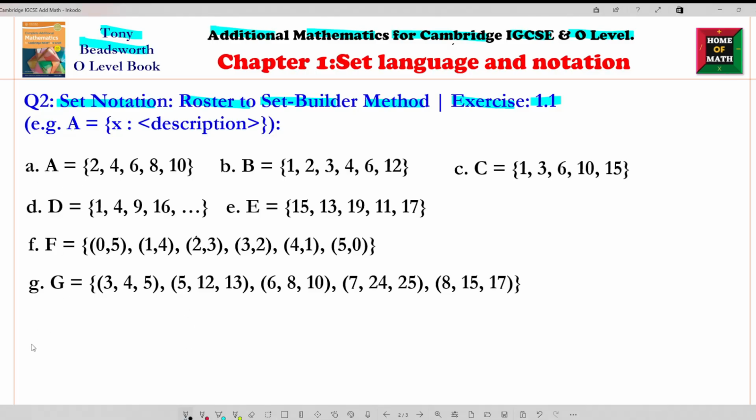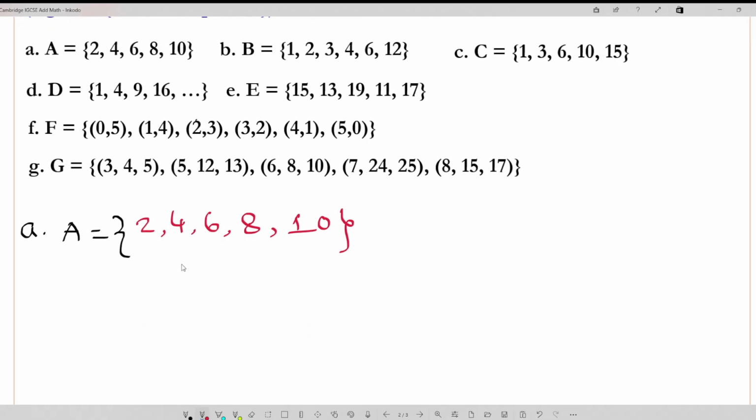Here set A equals 2, 4, 6, 8, 10. Once we see these kinds of numbers, we can directly say the numbers are natural and even.